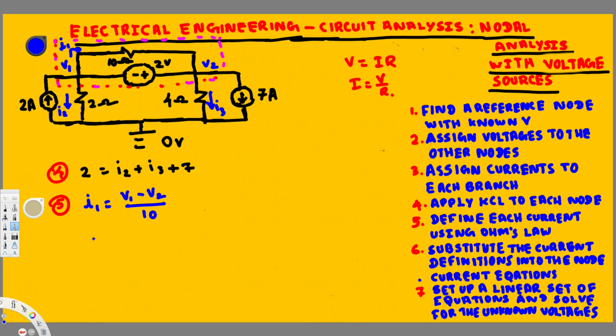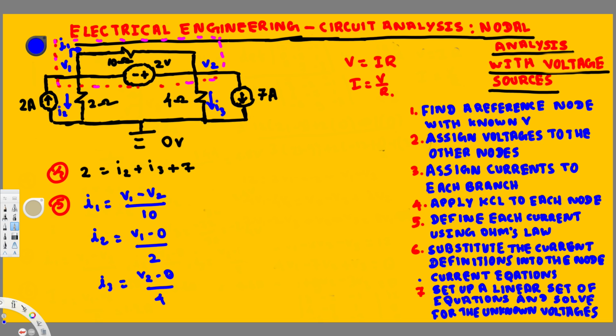Then I2 starts from V1 and ends at 0 because we connected this to the ground. So this is going to be V1 minus 0 over the resistance in between, which is 2 ohm. And then I3 is starting from V2 and going to 0, so this is going to be V2 minus 0 over 4. So these are the 3 equations we have.